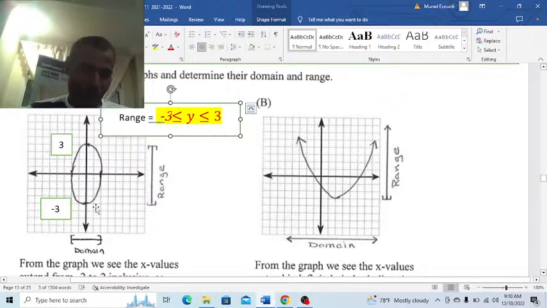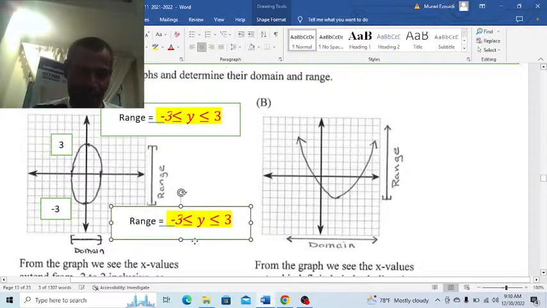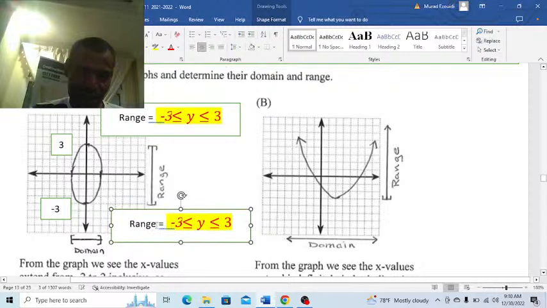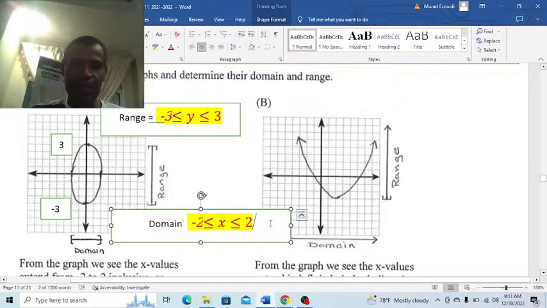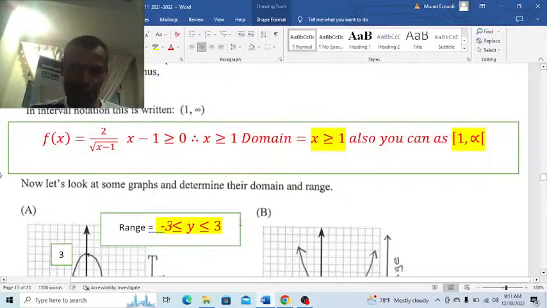But the domain here, you can see this is 0, this is -1, this is -2. So the domain is between -2 and 2. Now I will write it down in terms of intervals.